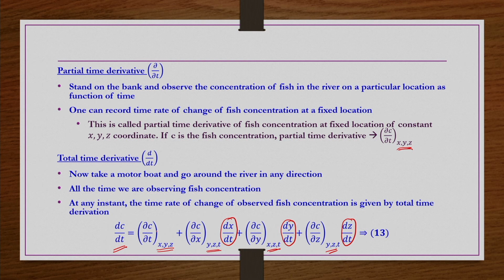So now, the fish concentration with respect to time, keeping all x, y, z coordinates fixed, is already included as the partial time derivative. In addition, the fish concentration at different x, y, z locations is also reported by taking the corresponding other space and time variables as constant, and then the multiplication factors dx by dt, dy by dt, dz by dt come in for all three terms.